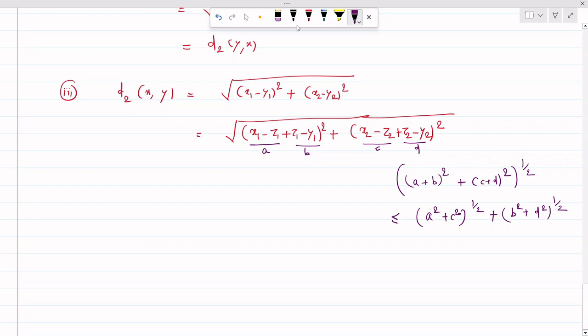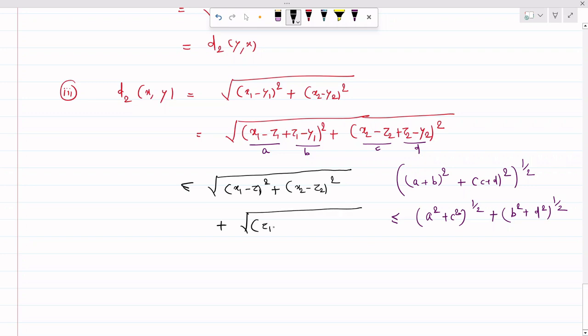Using the Minkowski inequality, this is less than or equal to the square root of (x1 minus z1) square plus (x2 minus z2) square, plus the square root of (z1 minus y1) square plus (z2 minus y2) square.